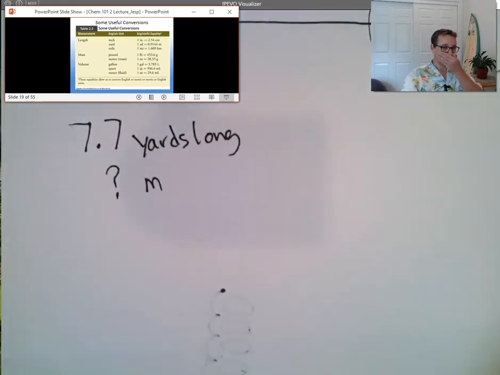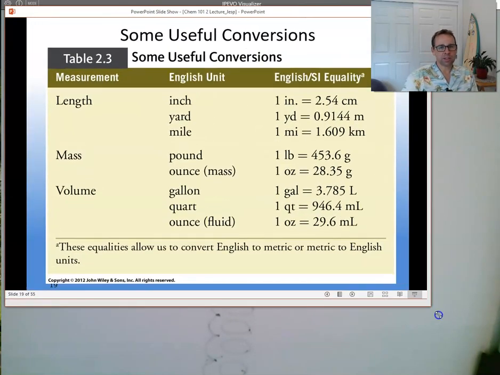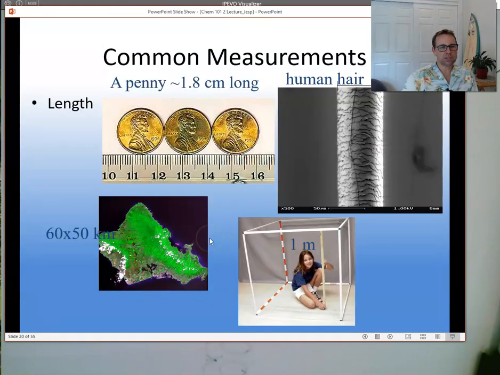Very good. Now let's talk more about some different materials that are different sizes, like a penny. You see a penny there is almost 2 centimeters long. The island of Oahu, right? It is 60 kilometers by 50 kilometers. 60 kilometers long, 50 kilometers tall.